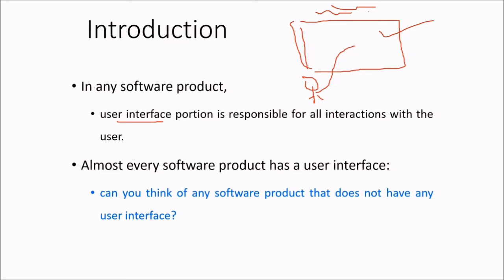Every software product has a user interface. Can you even think of a software product that doesn't have any user interface? If you can, then it will be quite good, because in our opinion every software product has to have a user interface, for most a very minimal one, but it has to have it.